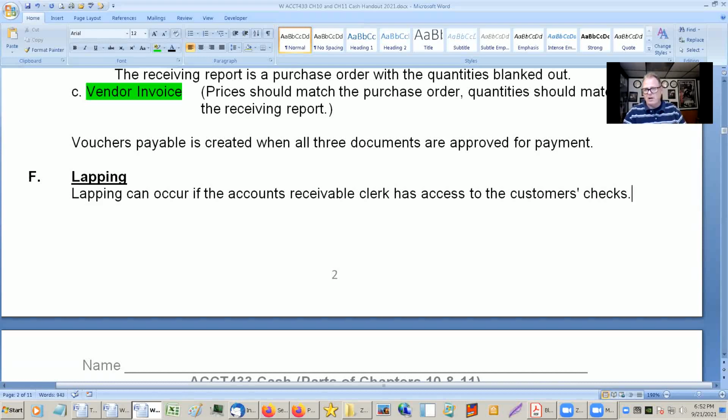While that would be very unusual for a large company, a lot of times in small and medium-sized companies, you'll find situations like that. Who takes care of the accounts receivable? Well, Sarah does. Okay, give Sarah the checks. She can do whatever she does. So a lot of times that happens.